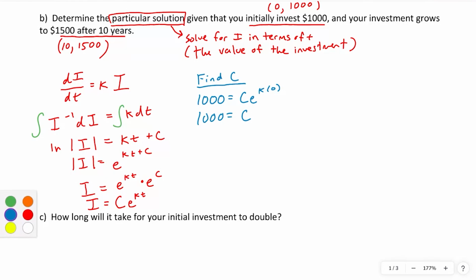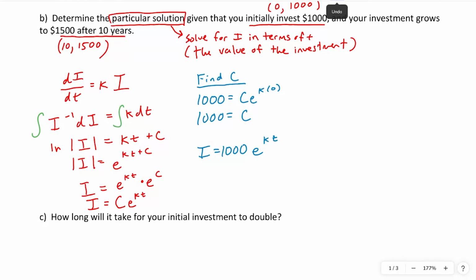So right now we've got an equation. I equals 1,000 times e to the kt. Now we're looking for that particular solution. We're really looking for an equation here that could give us the value of the investment at any time. So we still need to find that k value.